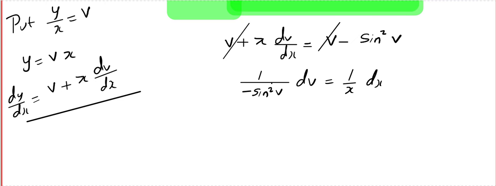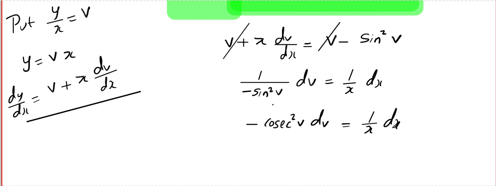By the way, what is 1 by sin square? Cosec square. What is the derivative of cot? Differentiation of cot is minus cosec square. So integration of minus cosec square will be cot. Yep, that's it. 1 by x dx.